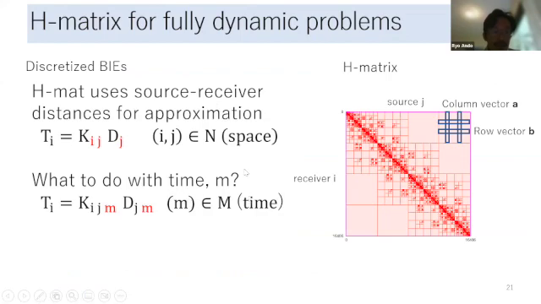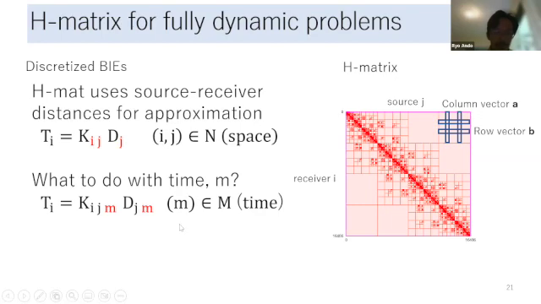All right, so the thing we have to tackle is that the original H-matrix is only capable of considering the expansion in space. That means the kernel matrices are referred to as I and J. But in time, we have to deal with M here, which is in time.